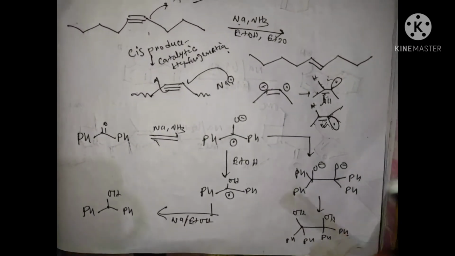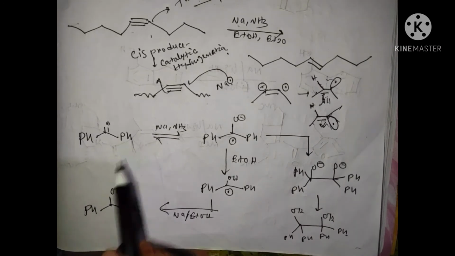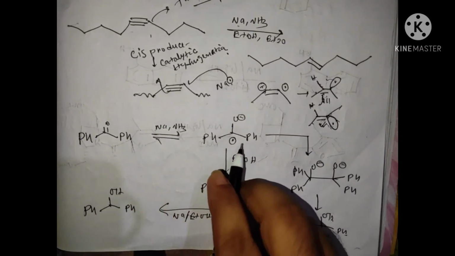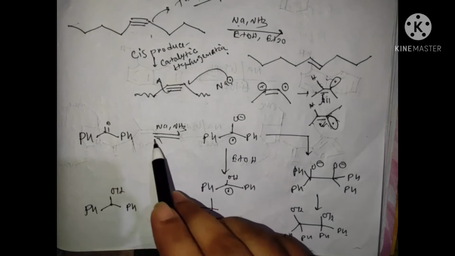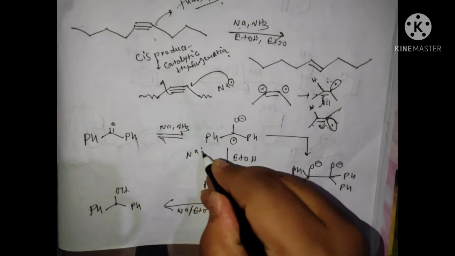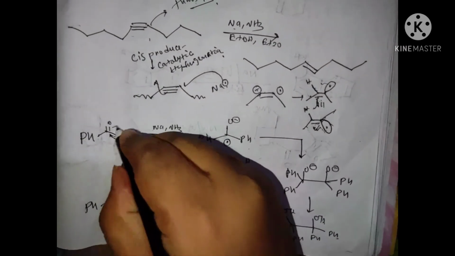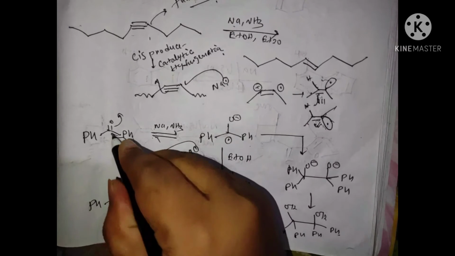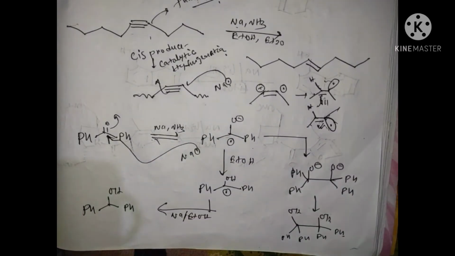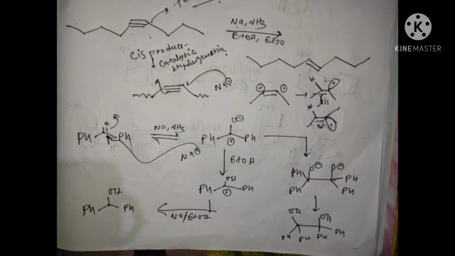Another very important thing is the reduction of ketone by sodium liquid ammonia. This is the step where sodium attacks the carbonyl. Here we have to look at two cases.